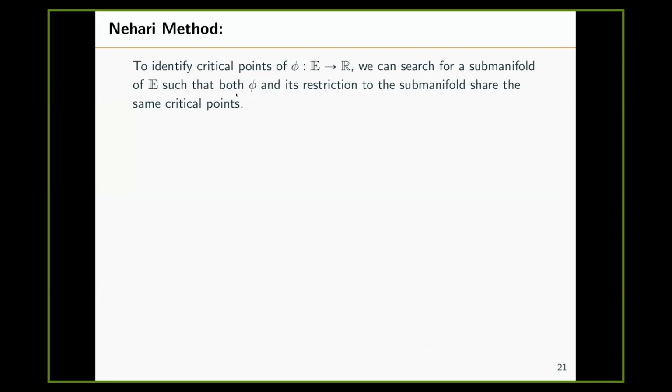So the idea is that if we have a functional and we have a submanifold, we are looking for a special submanifold such that the functional and its restriction onto the submanifold have the same critical points.